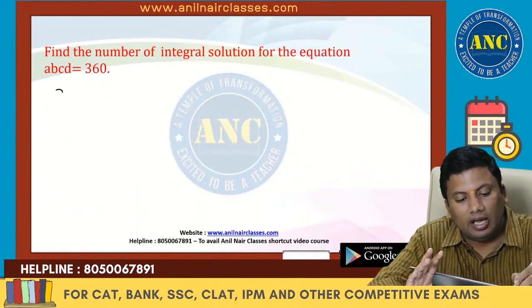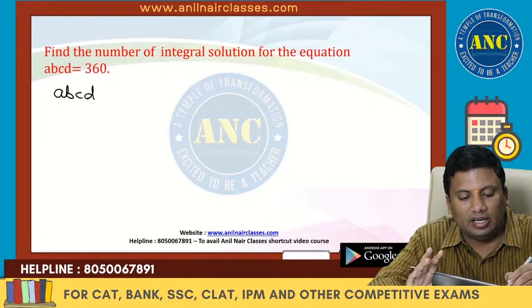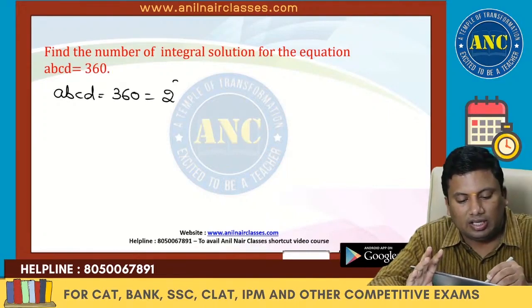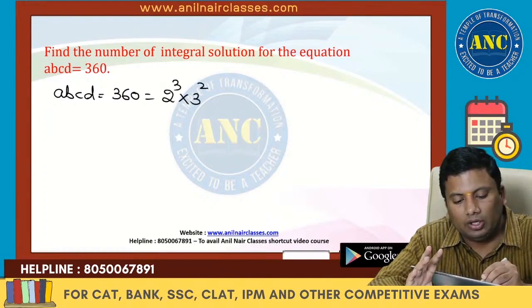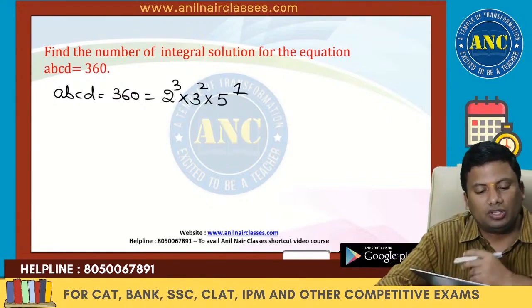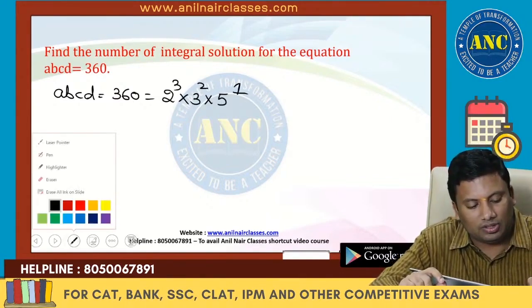Next one. ABCD is 360. 360 is nothing but 2 cube into 3 square into 5 power 1. Now see here.